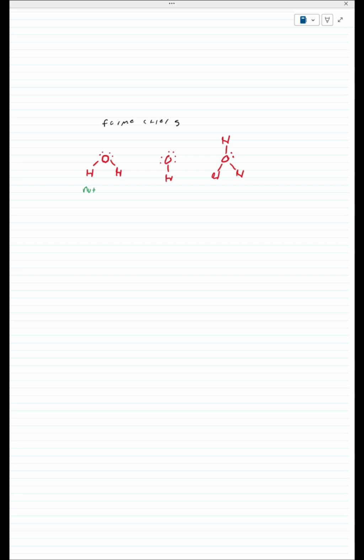Now, the one next to it has extra lone pairs, so this will have a formal charge of -1. In organic chemistry, you mostly only have negative and +1. You don't go above that.